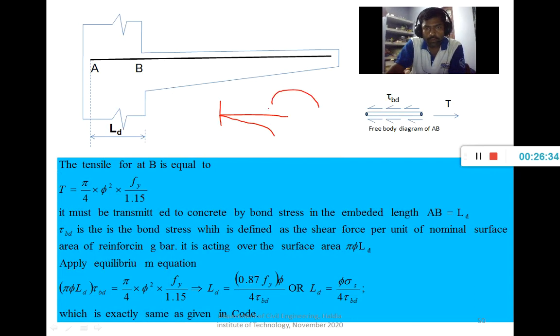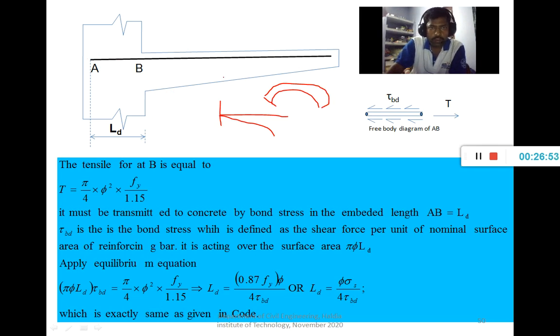In hogging bending moment, tensile stress is developed above the neutral axis, so you have to apply the reinforcement at the top, leaving the clear cover.